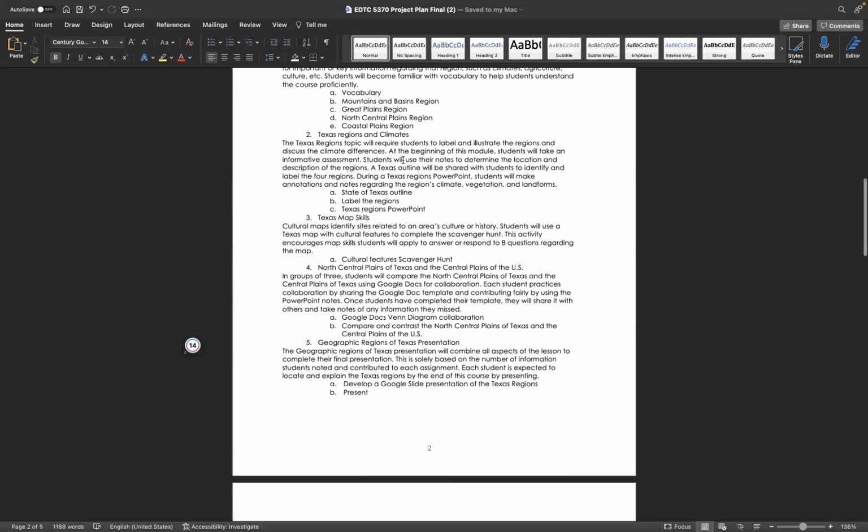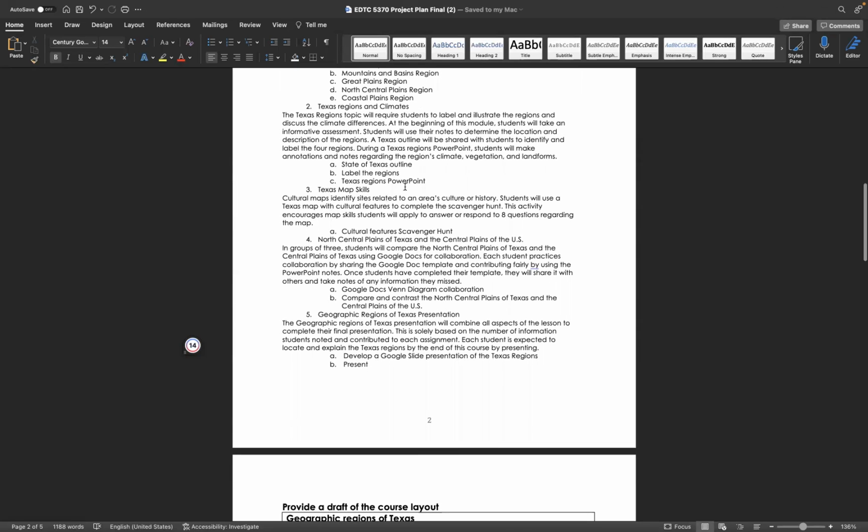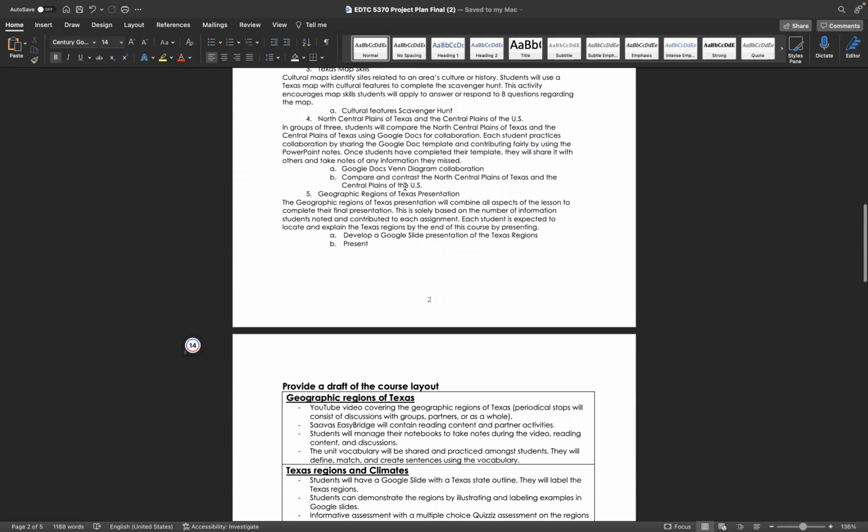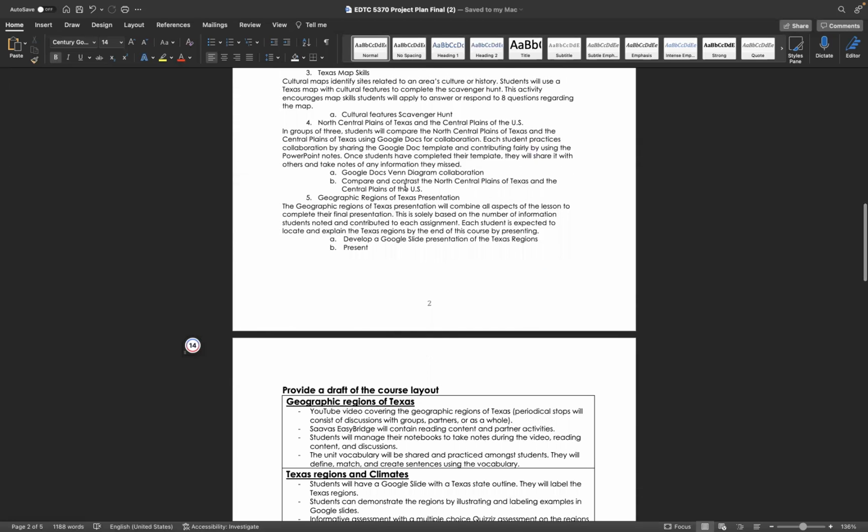It did cover climates and landforms, and during module 2, they did an outline of the state of Texas and labeled it in Google Slides. We also explored a PowerPoint that reinforced some of the things we had already learned, but also gave them more information that they could include in their presentation.